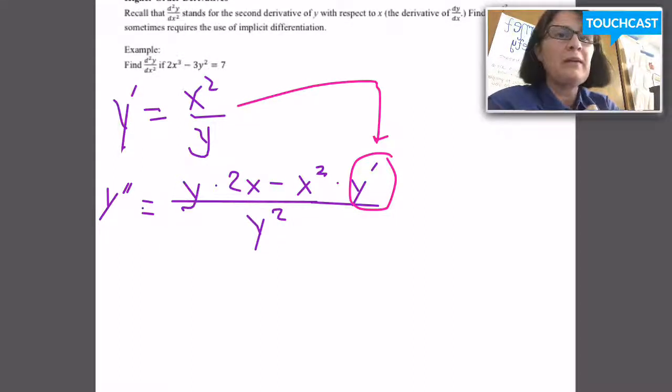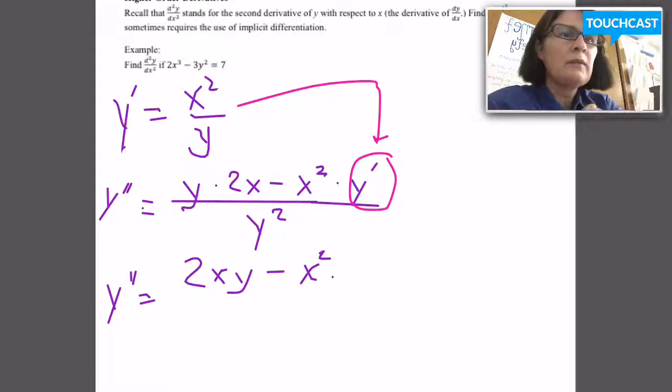So this would be my final answer. Y double prime is going to equal y times 2x, I'm going to call that 2xy, minus x squared times x squared over y, all over y squared.